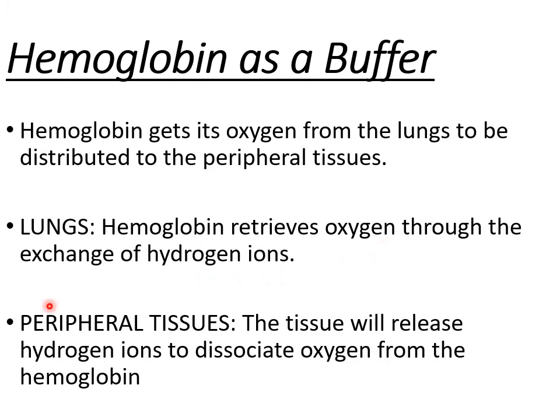So, pupunta ulit niyan sa mga peripheral tissue or target organs. Ibibigay yung oxygen dito sa mga tissue na to in exchange with hydrogen. And then yung hemoglobin na yun will return to its deoxyhemoglobin and the cycle goes on.